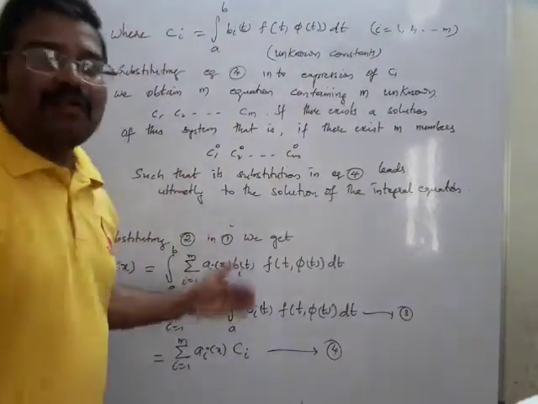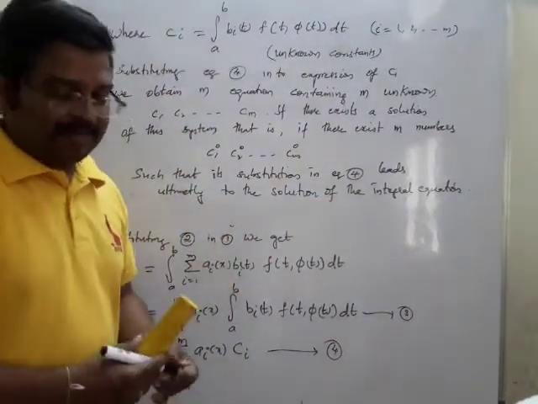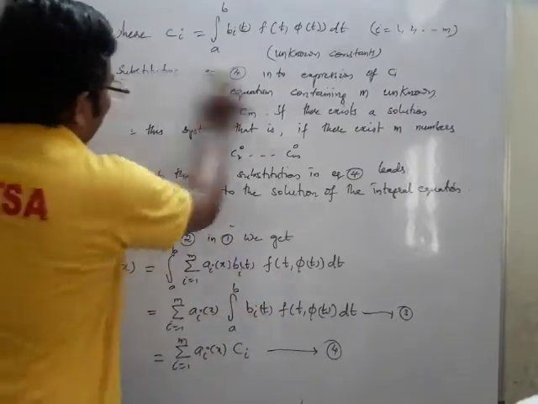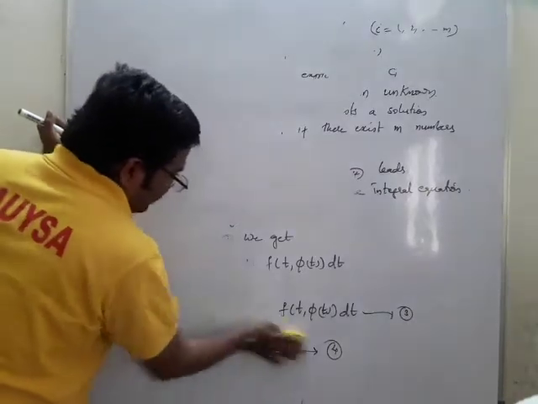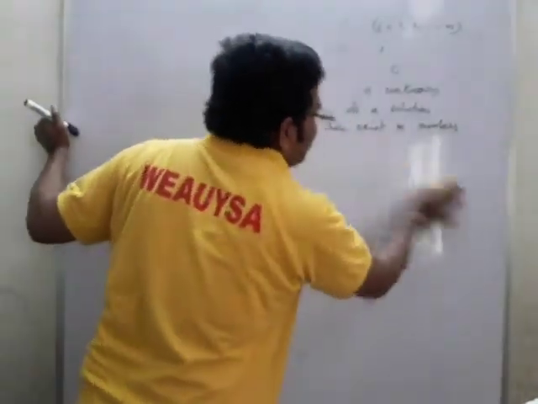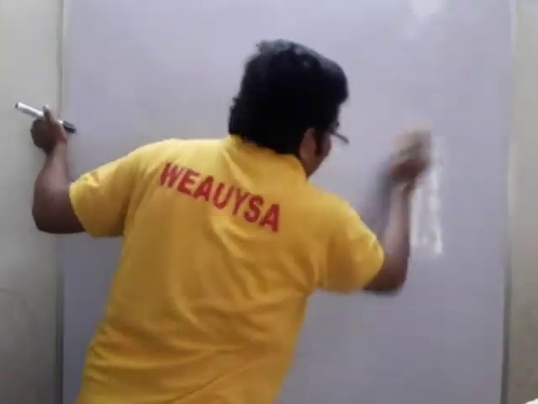Now let us see how it works for a problem. By taking one problem, we'll try to find the solution of a Hammerstein equation by doing a small problem which gives us 4 marks in this paper. So first we'll take that.